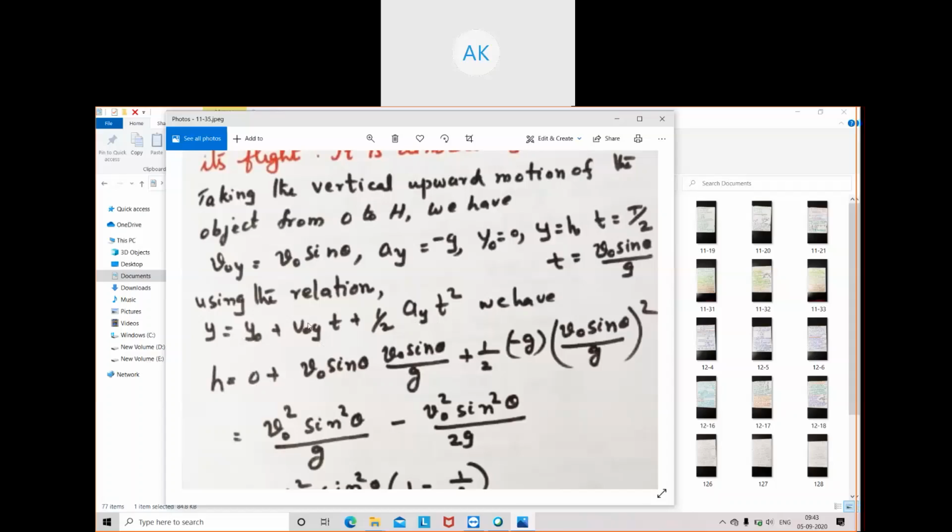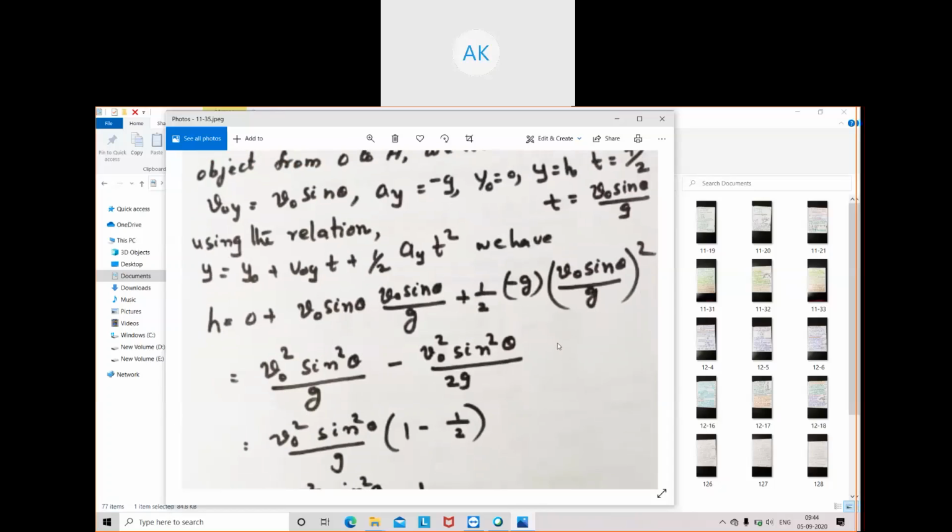What is v0y? The initial velocity y component, v0 sin theta, into t. Just now we calculated the time of ascent, v0 sin theta by g, plus half into minus g, the acceleration along the vertical direction, into t square. T we already know, that is v0 sin theta by g, whole square.